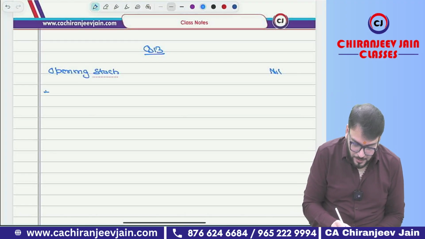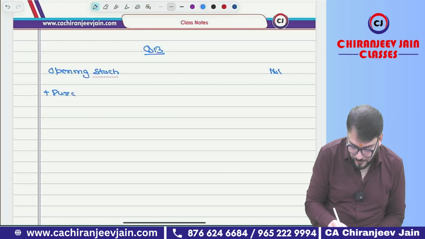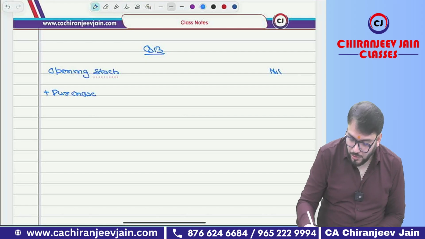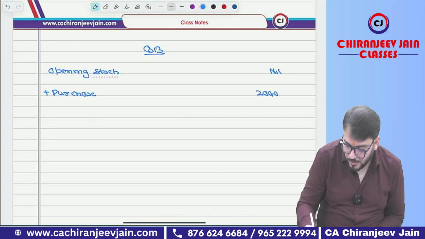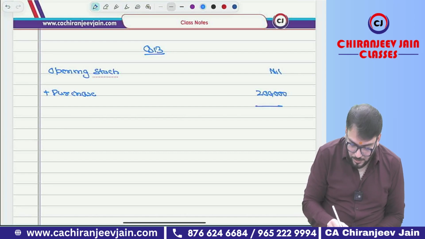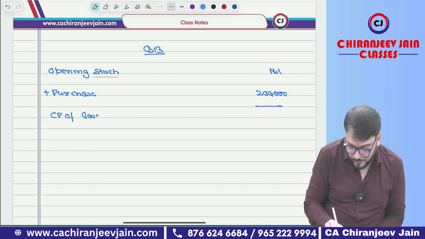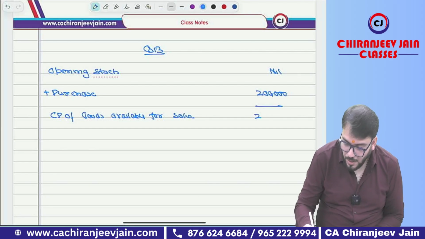Plus purchase during the year 2 lakh. So this becomes cost price of goods available for sale. How much? 2 lakh.